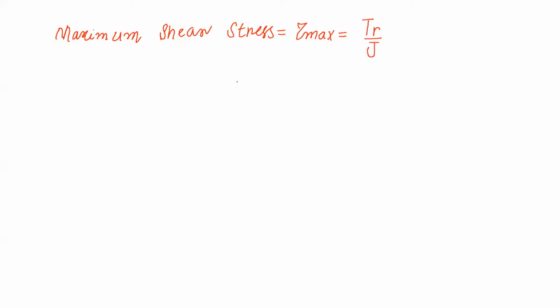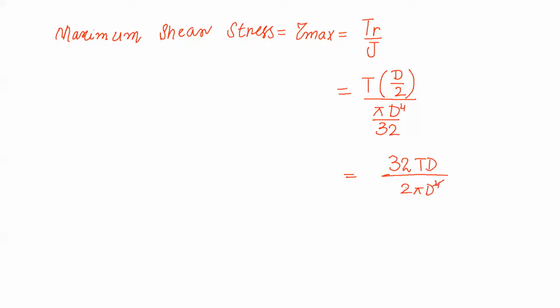So what will happen? I will put in place of R, the radius, D upon 2. And I have already told you in the previous slide that the formula for the polar moment of inertia J is pi d4 divided by 32. So it will be 32 TD upon 2 pi d4.